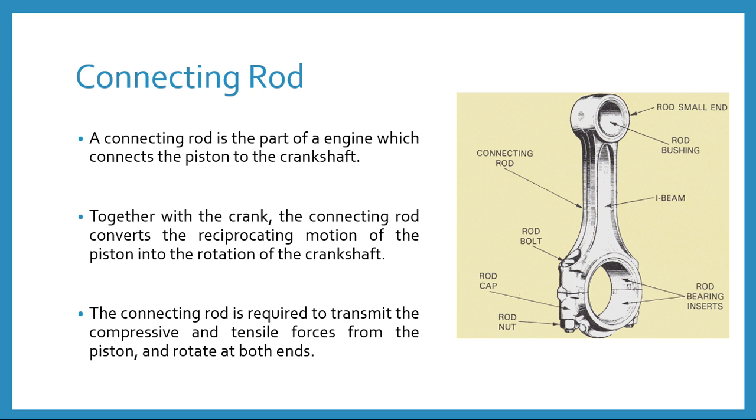Besides connecting the piston with the crankshaft, the connecting rod also converts the reciprocating motion of the piston into the rotary motion of the crankshaft.